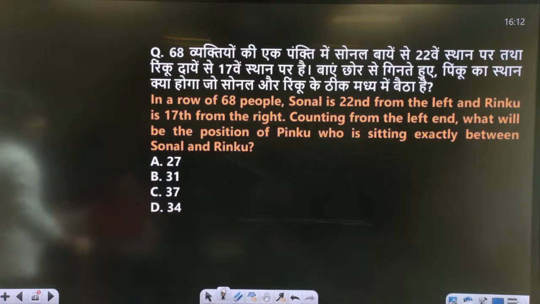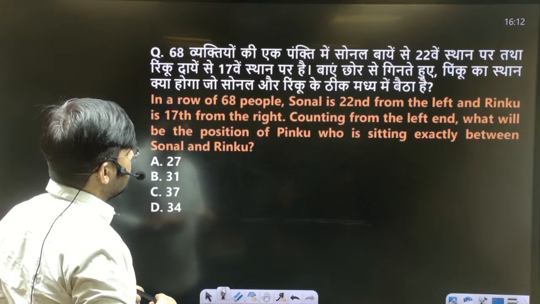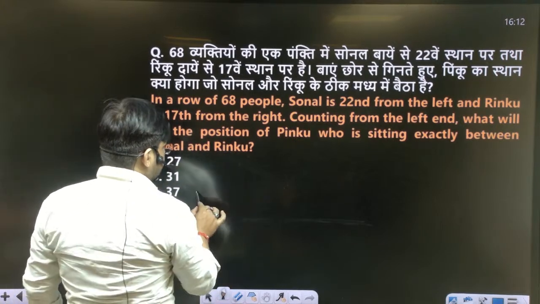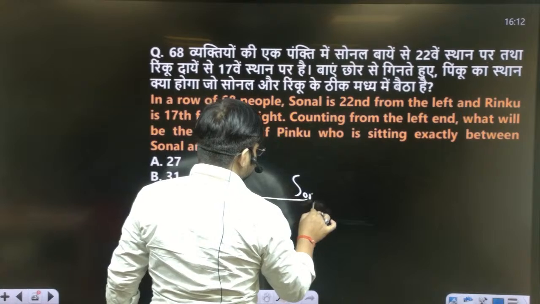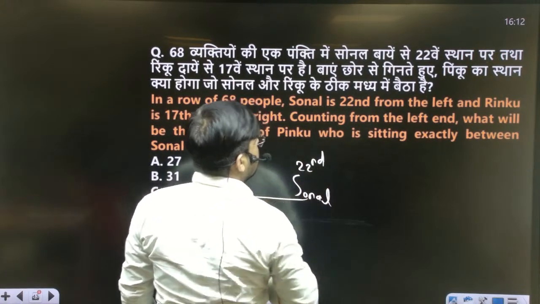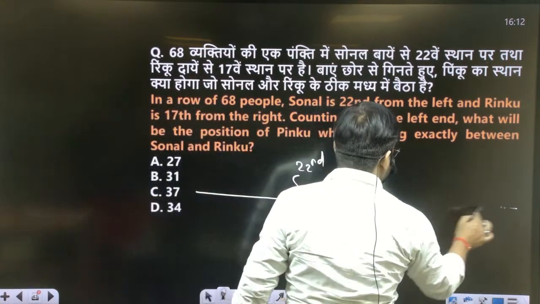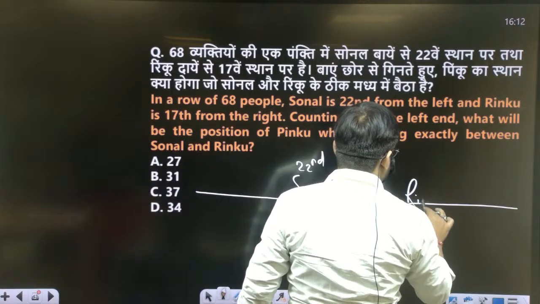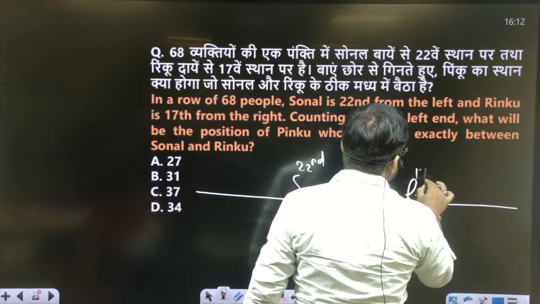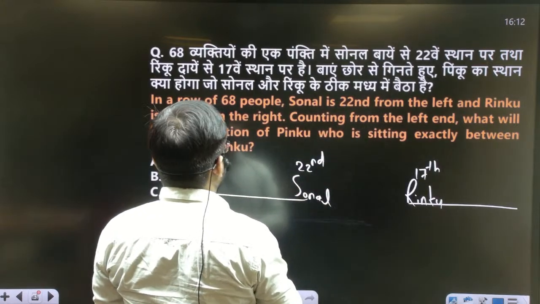Let's see. In a row of 68 people, Sonal is 22nd from the left and Rinku is 17th from the right.